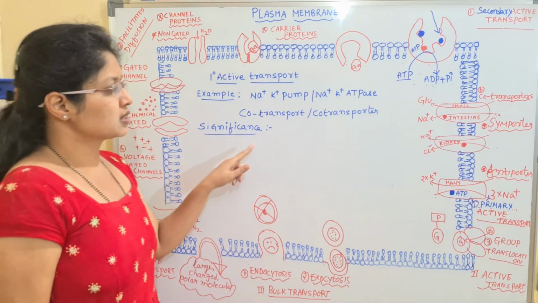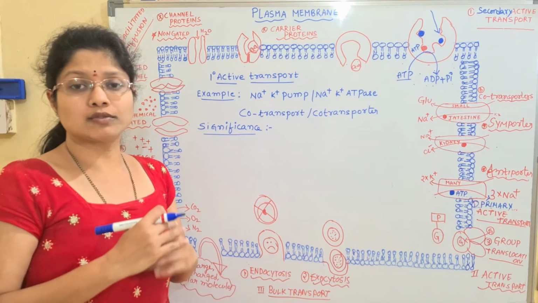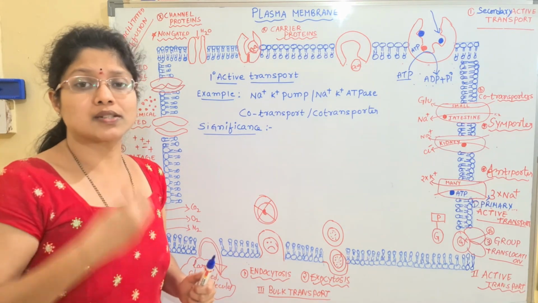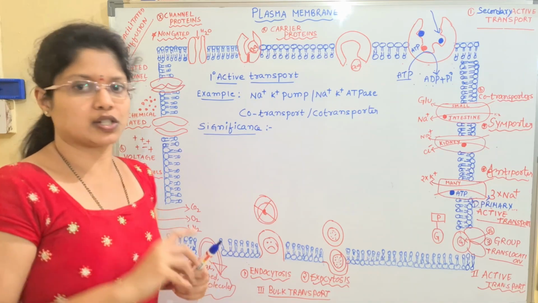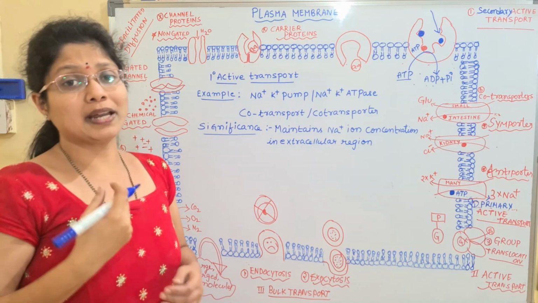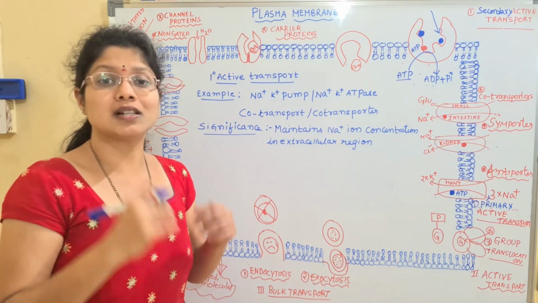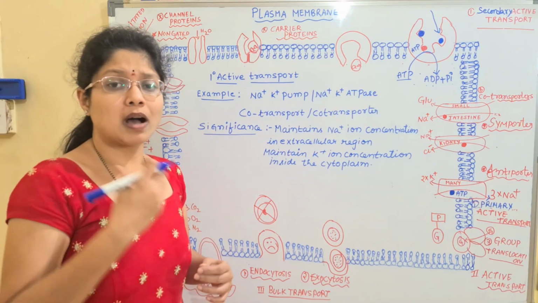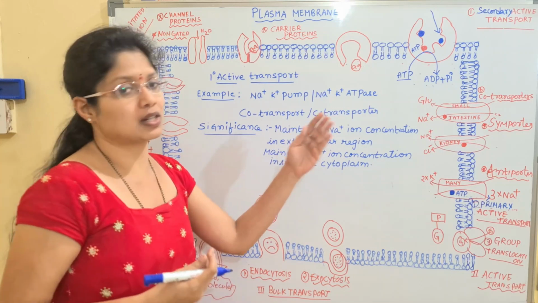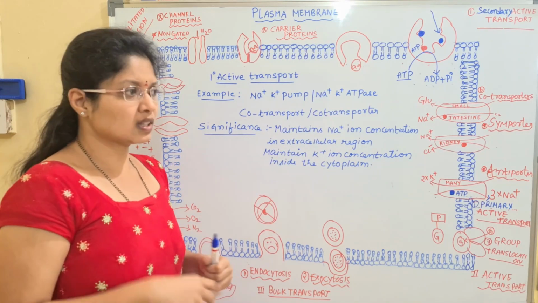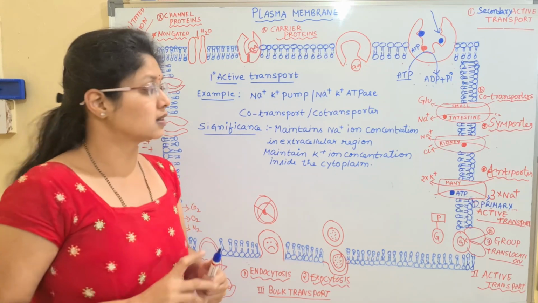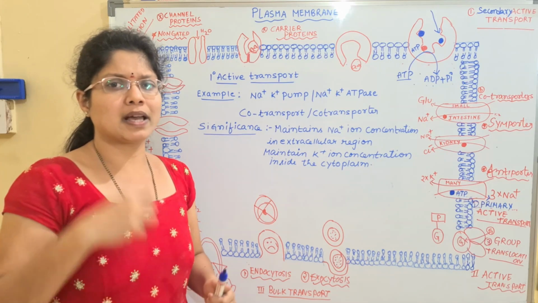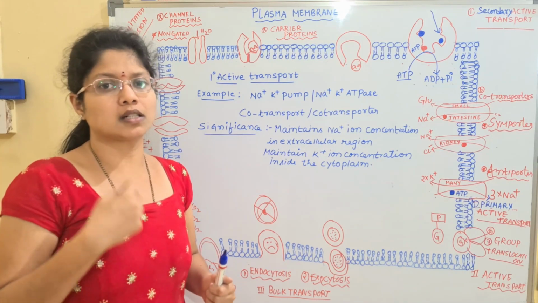So what is the function of the sodium potassium pump? It will maintain the sodium ion concentration in the extracellular region. Not only that, it will maintain the potassium ion concentration inside the cytoplasm. Then why is it important for the sodium ion to be maintained in the extracellular region? That we will discuss. The sodium ions play an essential role in creating the gradients.